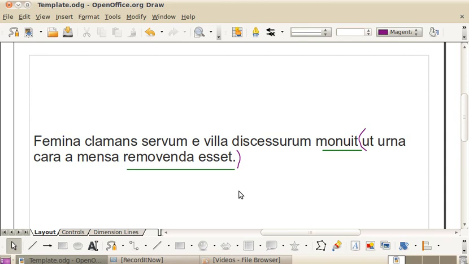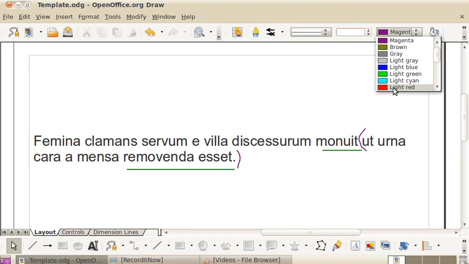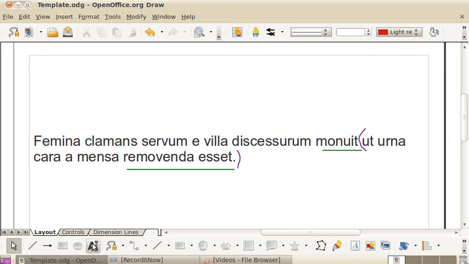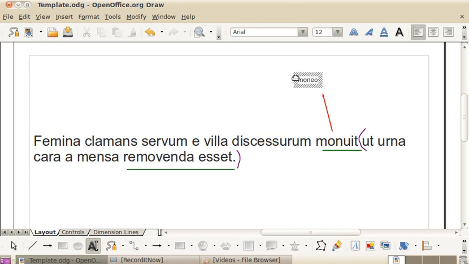So let's deal with our main idea. Manuit, if we are working to identify it, has four principal parts, like most verbs will, and we see moneo, monere, monui, and monitus.